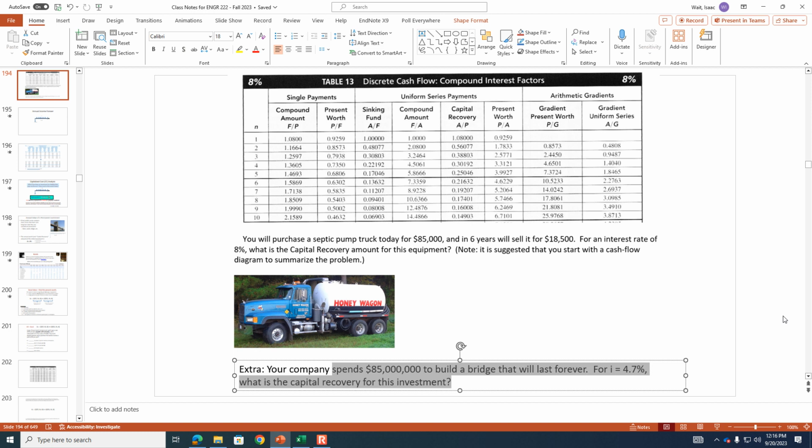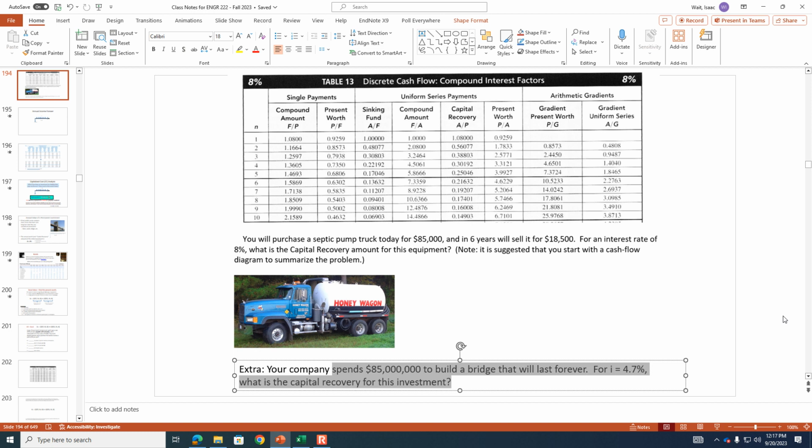So if you were building a bridge and you knew it was going to cost 85 million, then what that effectively means is each year you should try and get at least $3.995 million in revenue in order to justify the initial acquisition cost. You'd probably also need some additional revenue on top of that to cover things like repainting the bridge, the people who maintain and inspect it, so those operating costs.